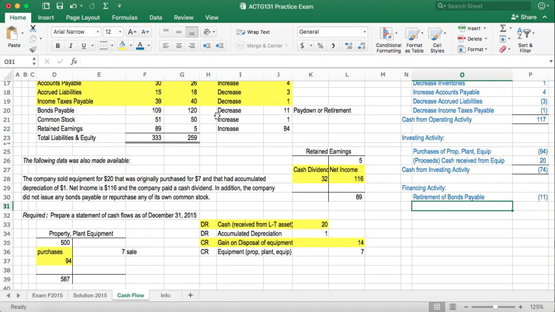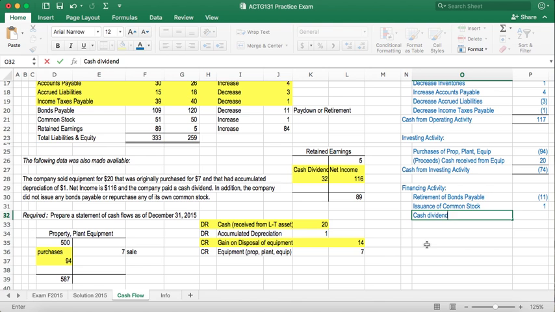The next piece is our equity. So this is an issuance of common stock, and that's $1,000. And the last piece is our cash dividend. So we're going to put that in here, dividend paid, and that's a reduction to the statement of cash flows.